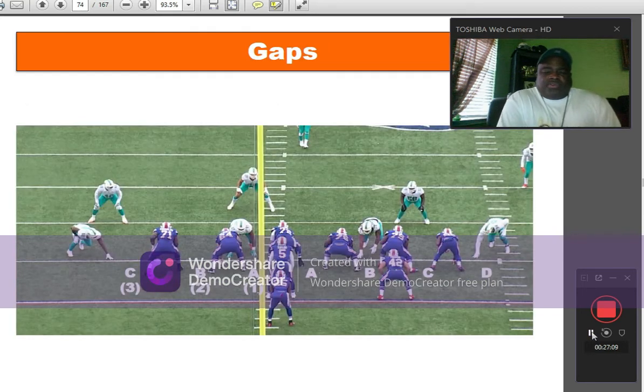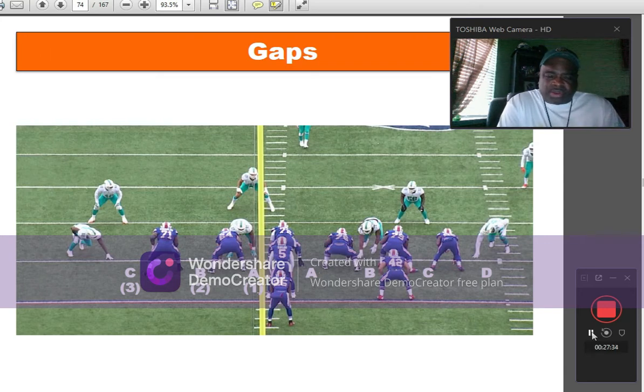As a defensive coach, you have to teach your kids, your young adults, whoever you're coaching, gap assignment. You have to teach them they're not playing the man. They're playing to protect that gap, because that's where the offense wants to run the ball through. This is the way the game is played. They try to move you out of that hole.